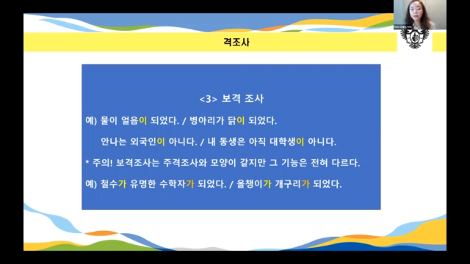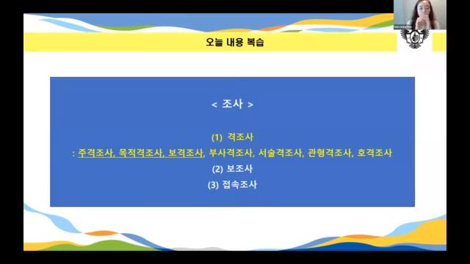And there were 7 types of case particles, 격조사. Please look at this page. There were subject markers, objective markers, complementary markers, adverbial markers, predicative markers, adnominal markers, and vocative markers. Among those, today we looked at the subject markers, objective markers, and complementary markers, three particles.